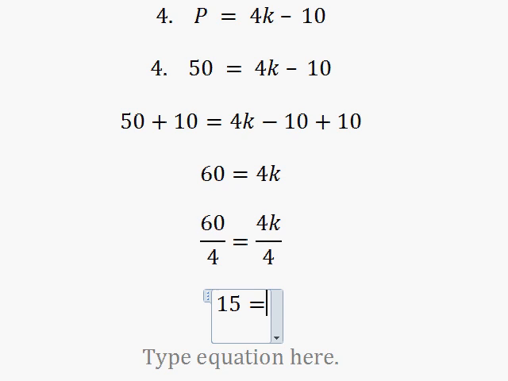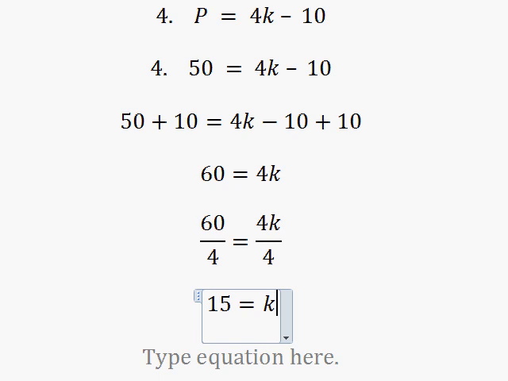Times 4 divided by 4 cancel each other out, so it will bring you back to where you started, which is in this case k. It's basically 4 times k divided by 4, or 4 divided by 4 times k. It doesn't matter what order you do them in. 4 divided by 4 is 1, so you're left with 1 times k, which is simply k. 1 times any number is simply that number.